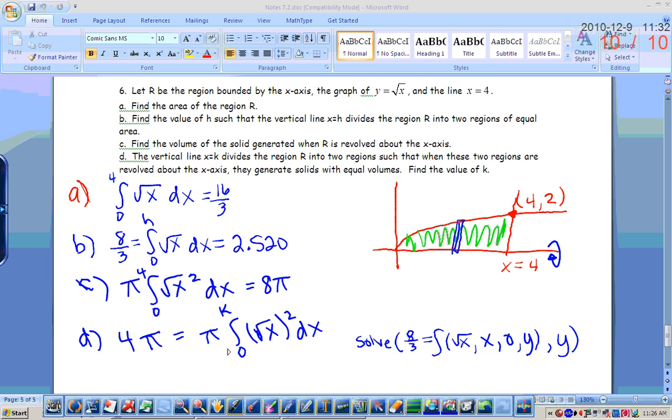When you're typing that into your calculator, I would knock the pi's off of that because you've got a pi on both sides. It just kind of clutters things up less. But you should have gotten k equals either root 8 or 2.828.